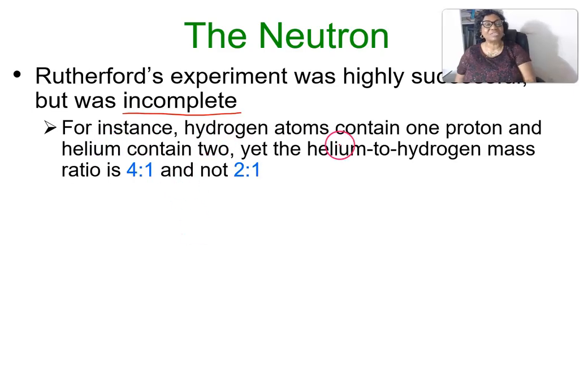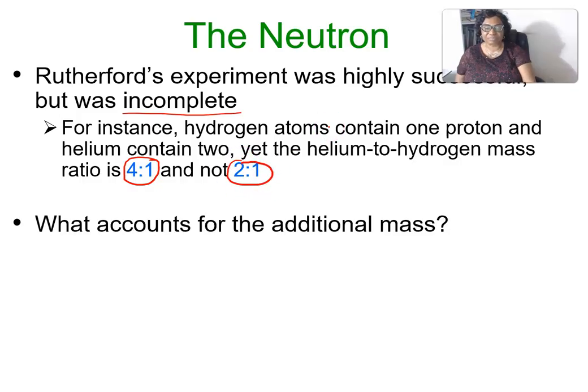For instance, a hydrogen atom contains 1 proton and a helium atom contains 2. Yet the helium to hydrogen mass ratio is 4:1, not 2:1. So what accounts for the additional mass? That was the question.